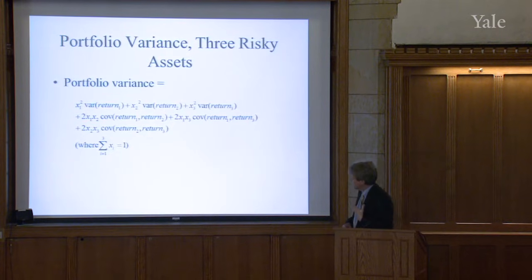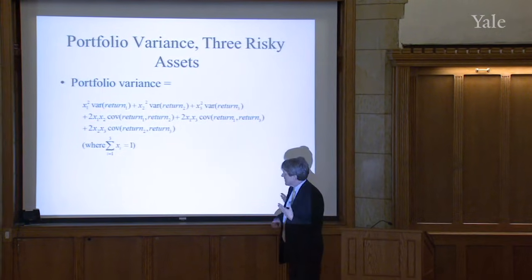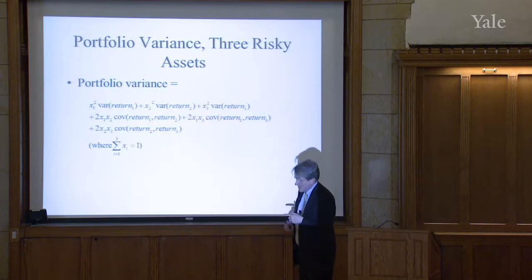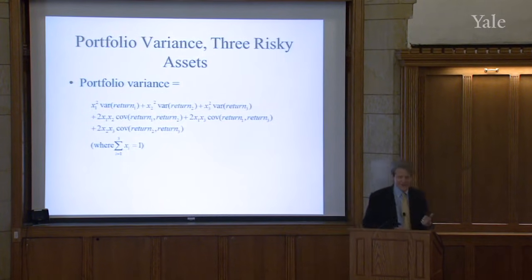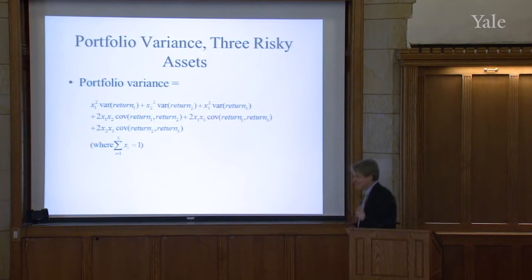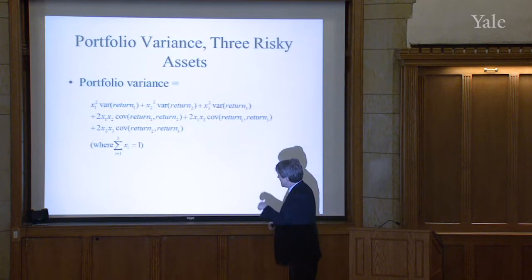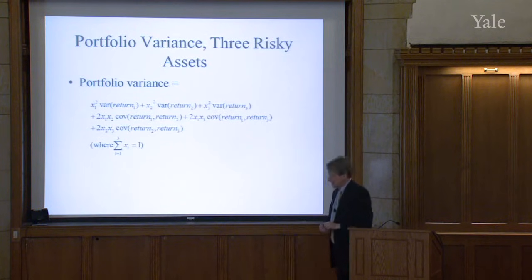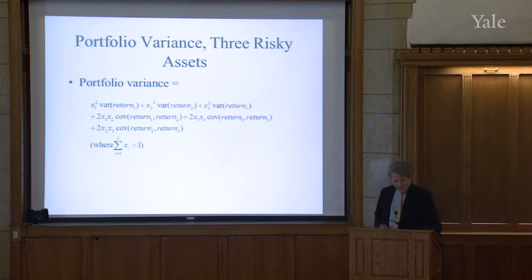And so that's the portfolio variance. And the portfolio expected return is x1 R1 plus x2 R2 plus x3 R3, where the sum of the x's is $1.